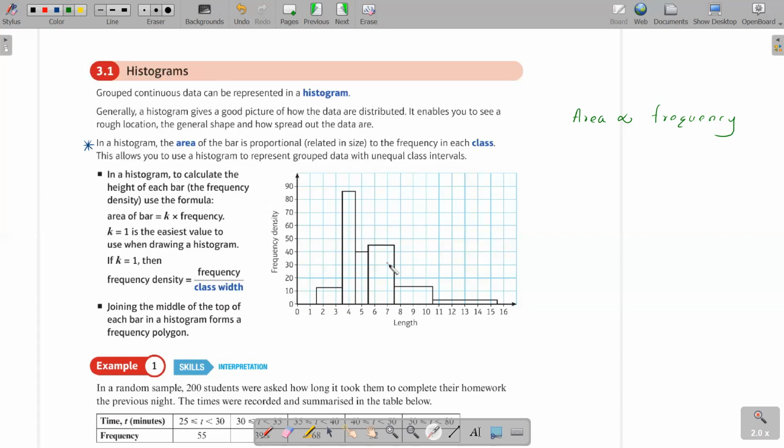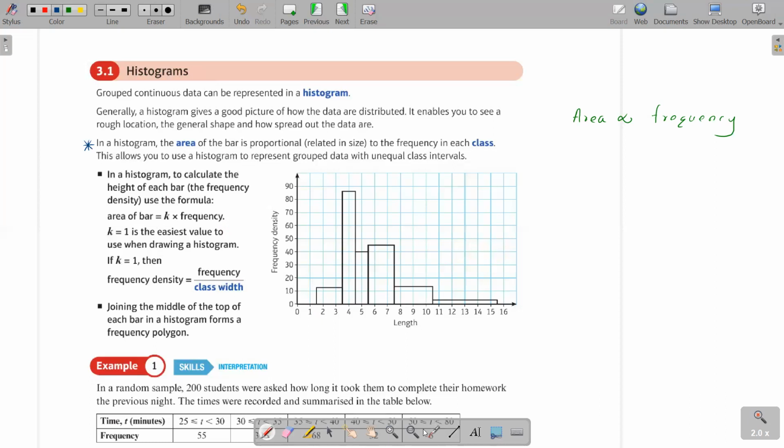In a histogram, to calculate the height of each bar, do you recall this being called the frequency density? In your IGCSE O levels, you might have used an equation with frequency density. In a histogram, to calculate the height of each bar, the frequency density, use the formula area of bar equals k times frequency. I think this is not the equation you were learning, but this is the main equation that you will be using now. How did we get area of bar equals k times frequency?